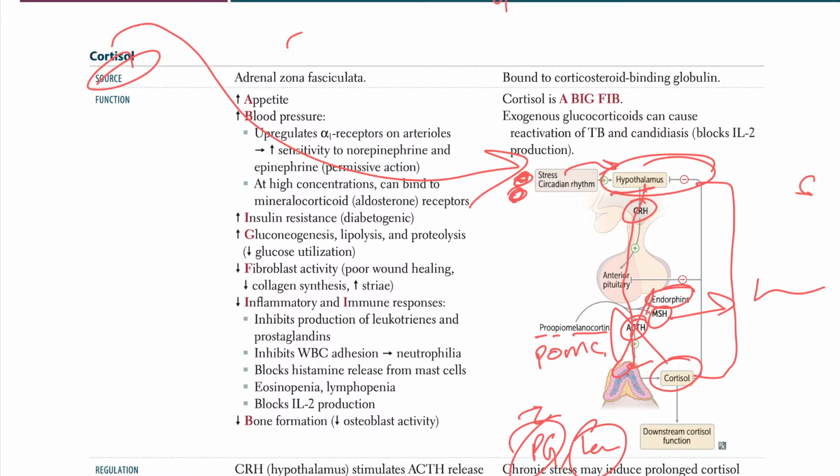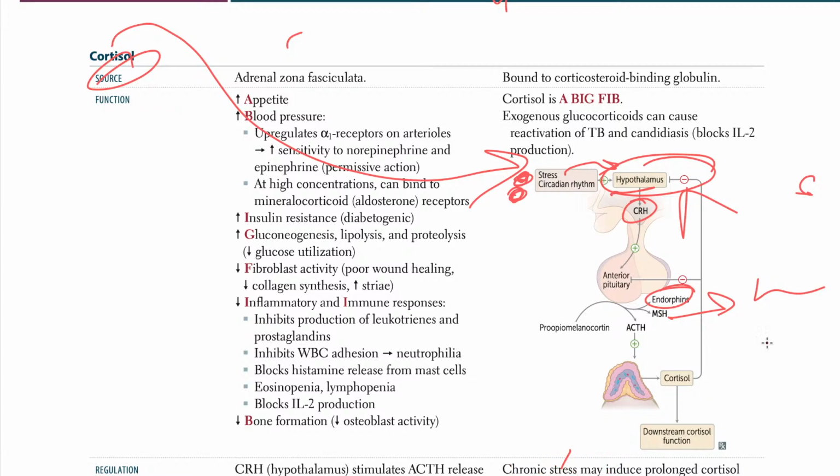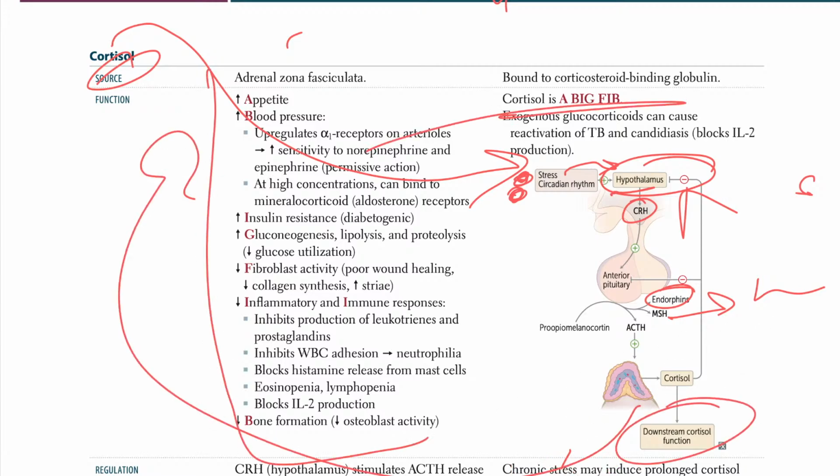That is why previously we discussed that when you don't have cortisol, there is going to be more and more production of ACTH, because all they're trying to do is have that cortisol to give a negative feedback, which they're not getting. So they will make more and more ACTH to go and make cortisol. Okay, and then cortisol is just going to do its downstream functions, which are a big fib.